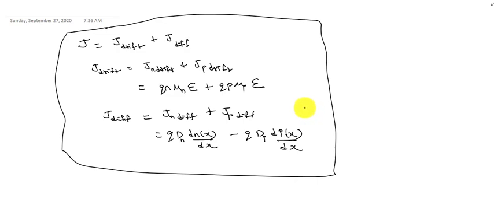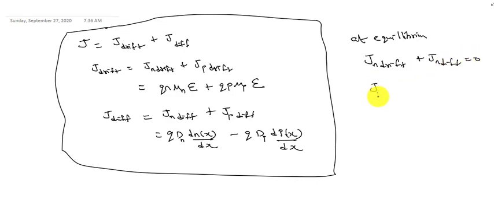And at equilibrium we can say that the drift plus diffusion current will be 0, for electrons and for holes. So at equilibrium we can say that Jn drift plus Jn diffusion is equal to 0.